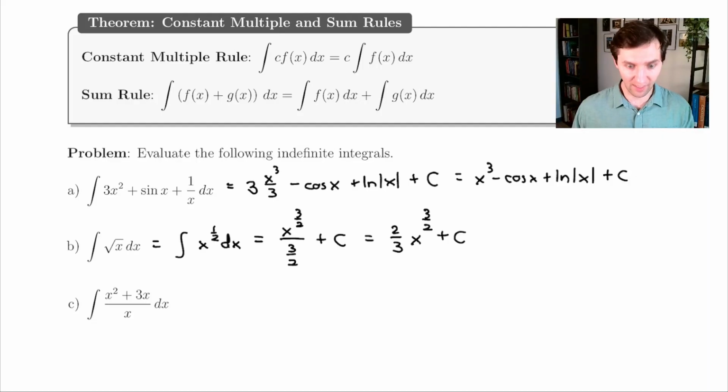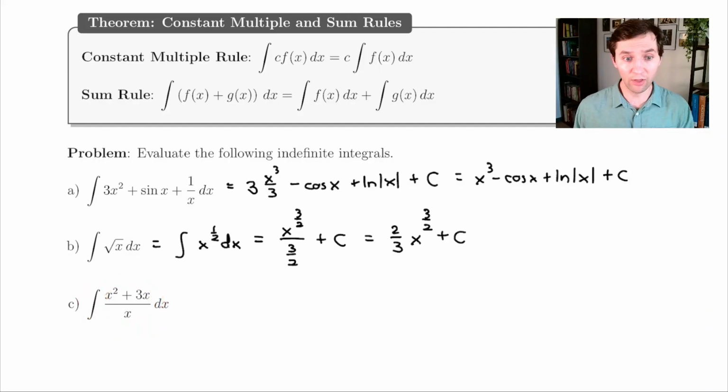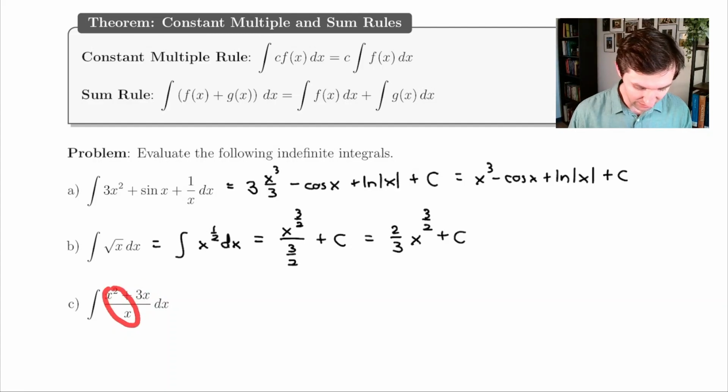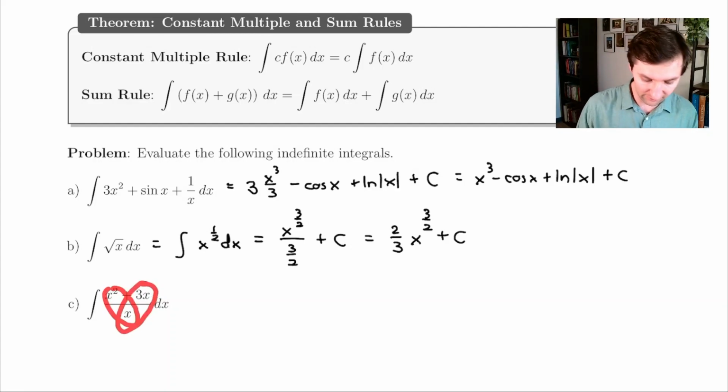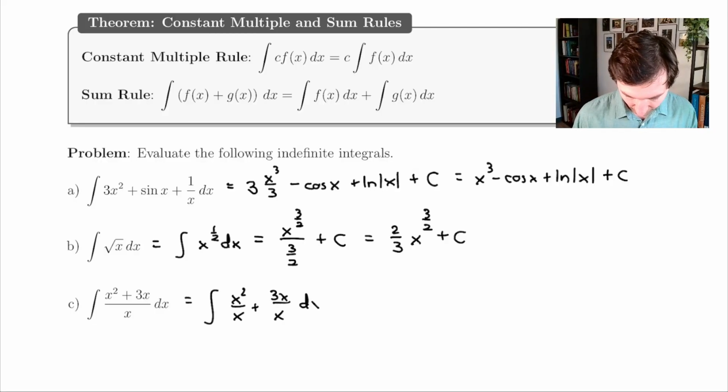In the last example, before I find the value of the indefinite integral, let me first rewrite the function inside. I don't know a rule for taking antiderivatives of functions divided by functions. Let me first simplify this by writing this expression as the sum of two fractions. When I do that, I get an indefinite integral of x squared divided by x plus 3x divided by x dx.